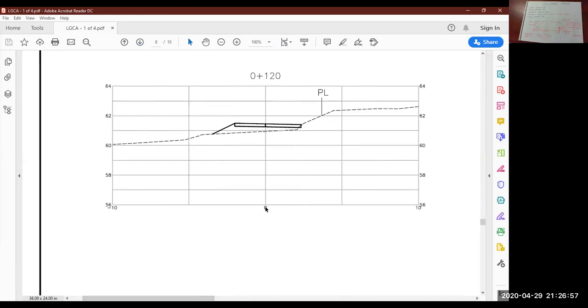In the center here is 0. That line is the 0 line, the control line. If you look out to this corner, there's a 10 there. That tells you from the 0 vertical line out to this vertical line, that's 10 meters. So that's your horizontal scale.